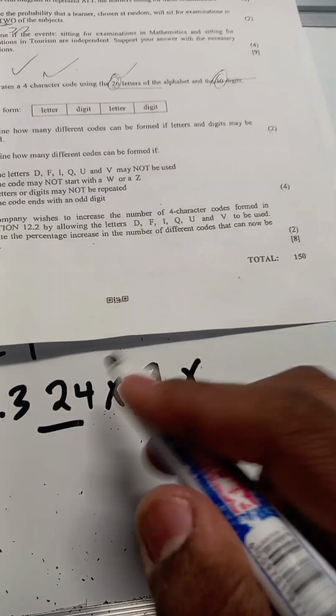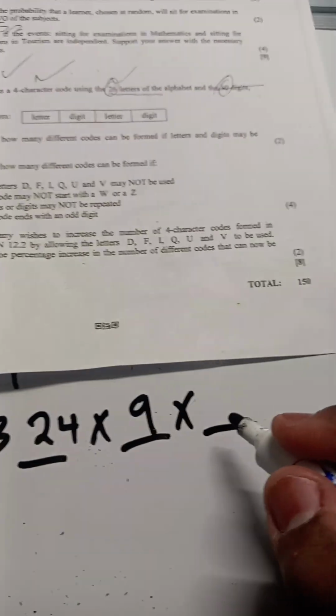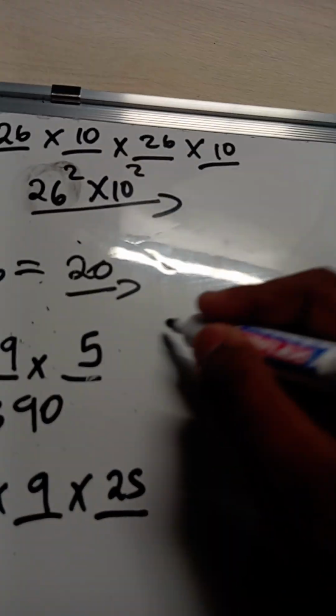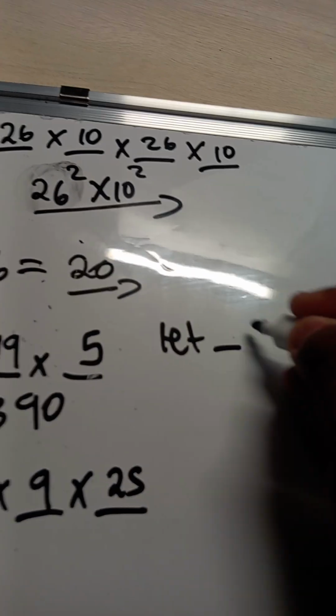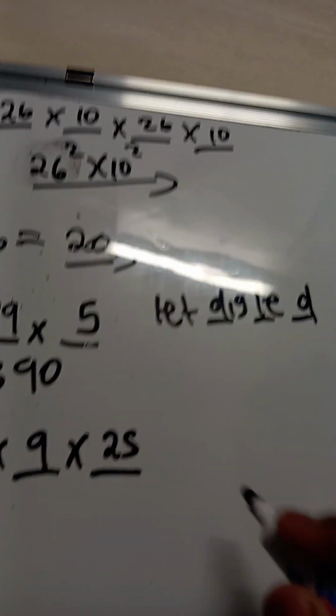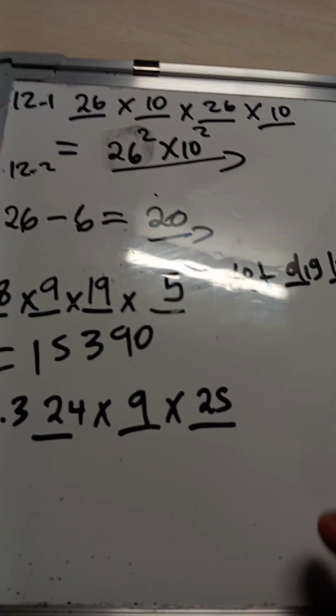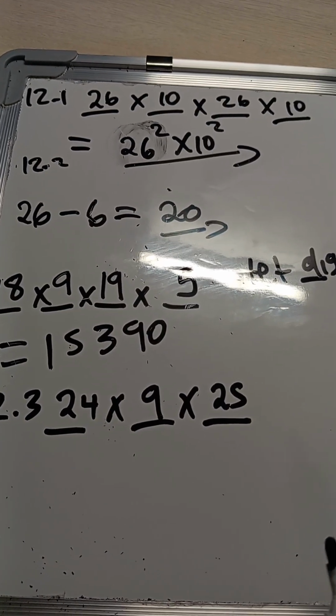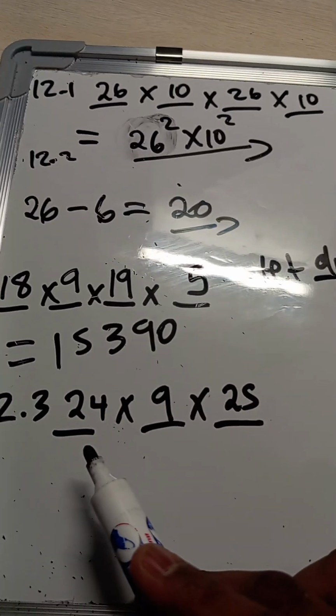Then I'm going to have 25. Remember, we are following the order they gave us. They said letter, digit, letter, digit. Can you see it? That's what I'm basically following here. Do you get what I'm trying to say? So this is 24.